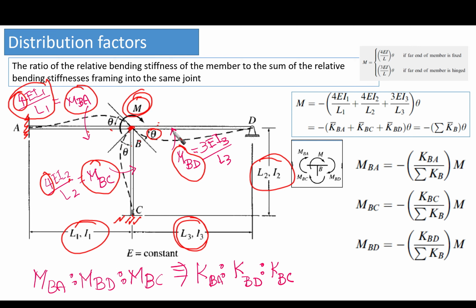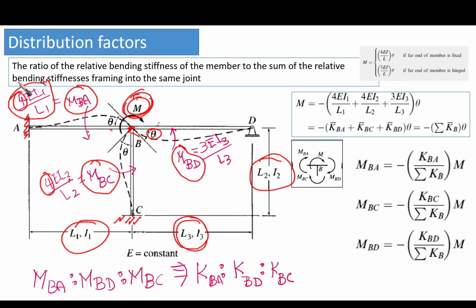The resistance of this moment is going to be distributed among 3 members. So we want to know what is the fraction of the moment that is going to be carried by this member, and what is the fraction that is going to be used here. So this is the meaning of the distribution factor.